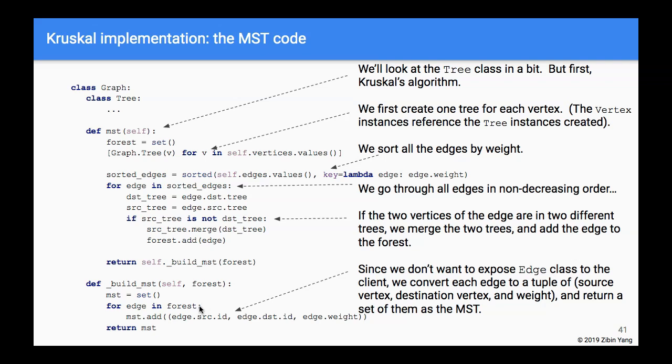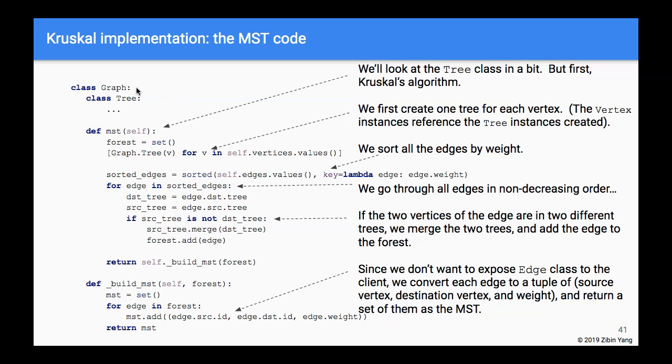So in order to not expose the edge class, but still return something that is like an edge, we basically just convert the edge class into tuples of the source vertex of the edge, the destination vertex of the edge, and the weight of the edge. And we put these tuples in the set, right? And that's what we'll return.